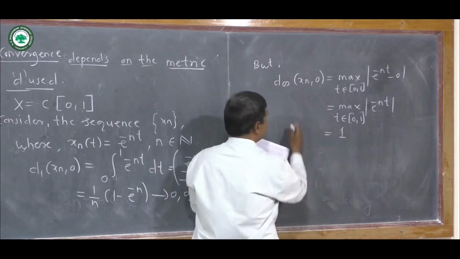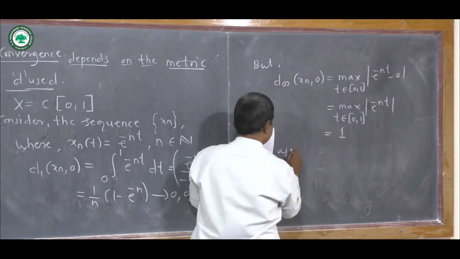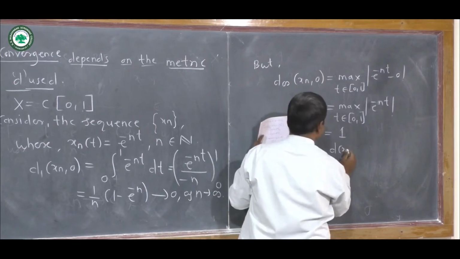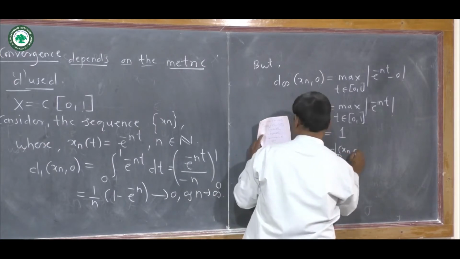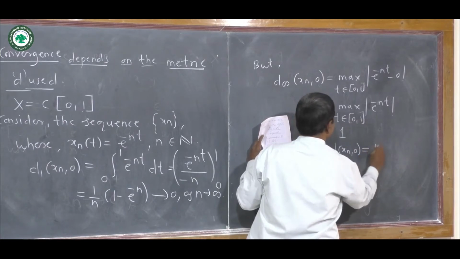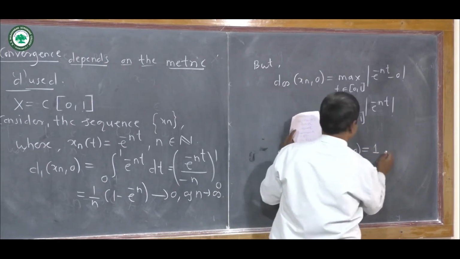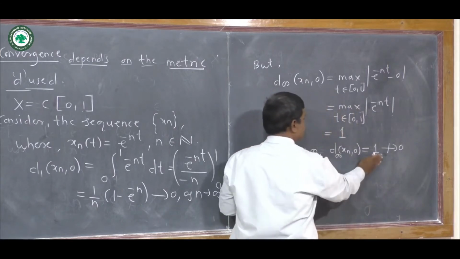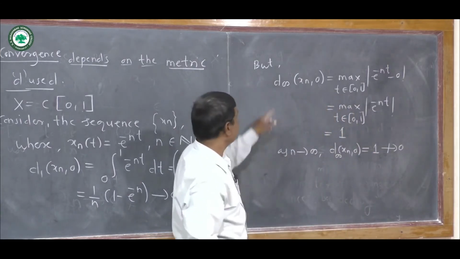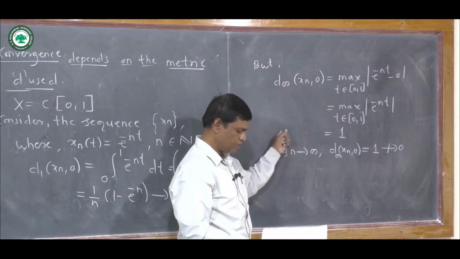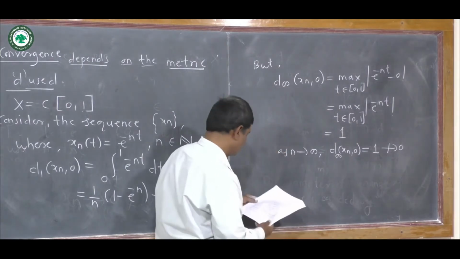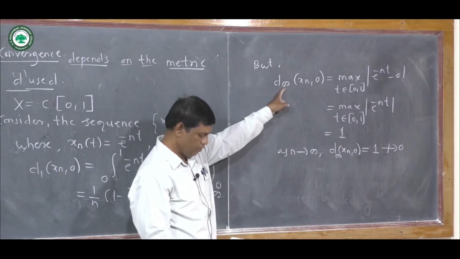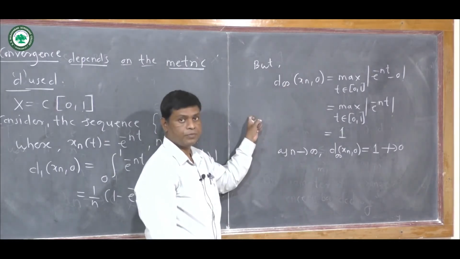So as n tends to infinity, d infinity(xn, 0) is equal to 1, which is not equal to 0, or this does not tend to 0. It means that the same sequence xn is not convergent with respect to the metric d infinity on C[0, 1].